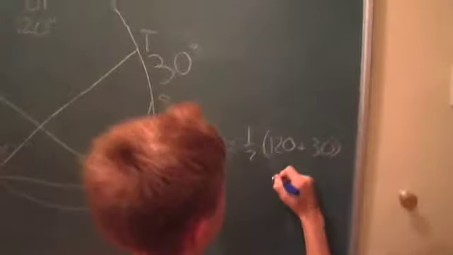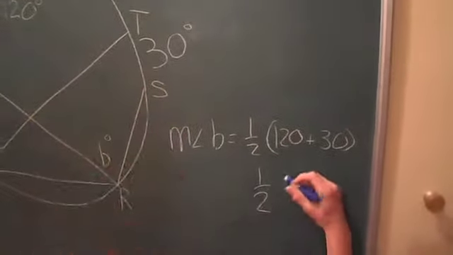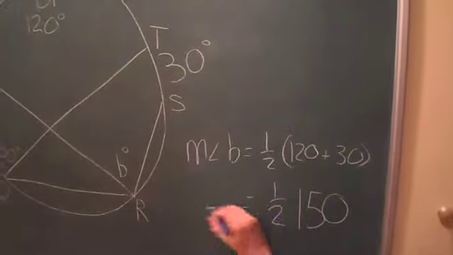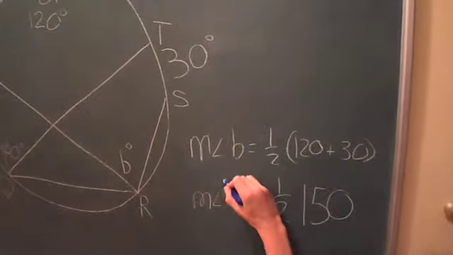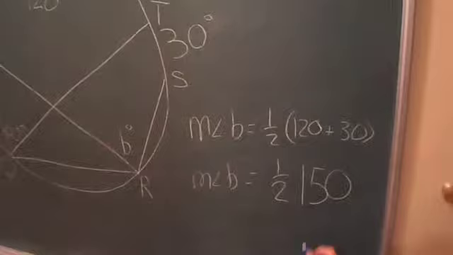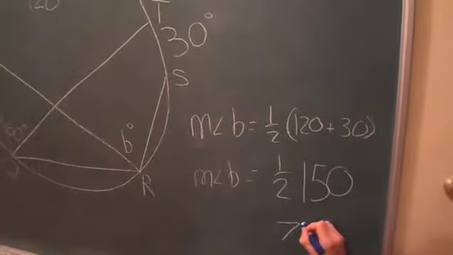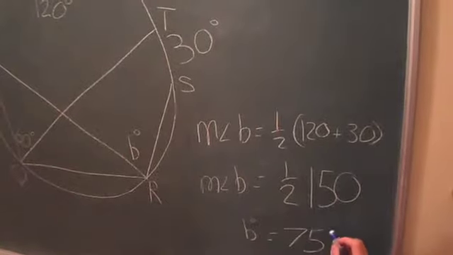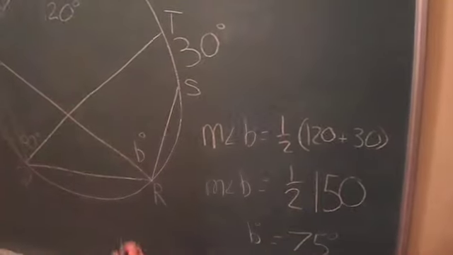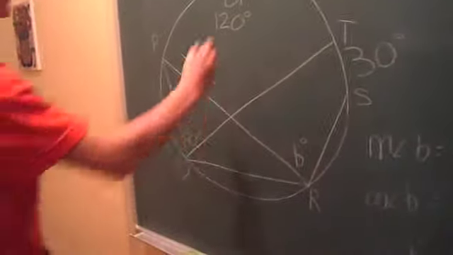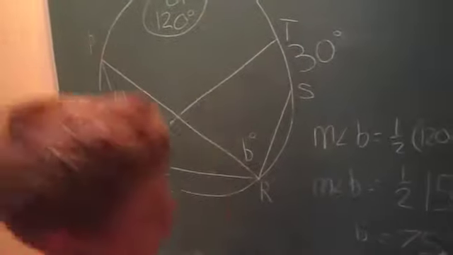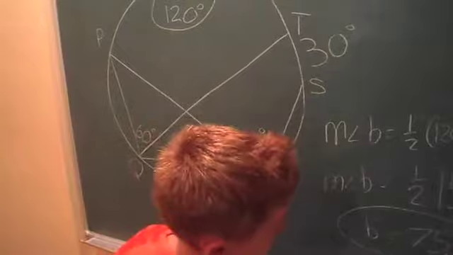So it's half of 150, which is 75. So A equals 120 and B equals 75 degrees.